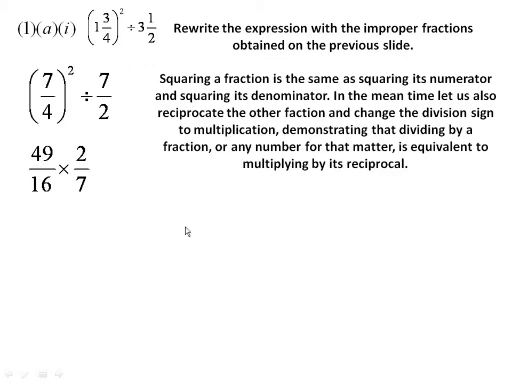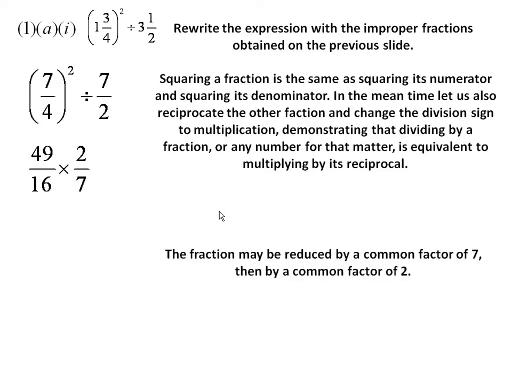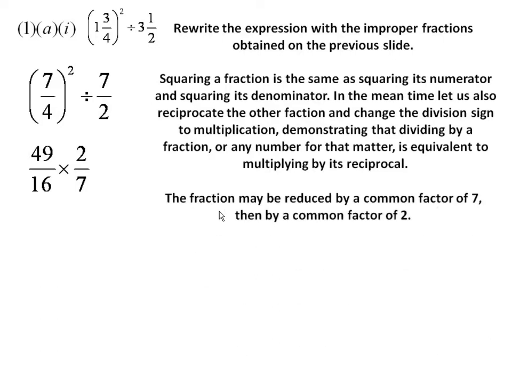And we see common factors, so we will reduce the fraction by common factors. So the fraction may be reduced by a common factor of 7, then by a common factor of 2. We have 7 into 7 is 1, and 7 into 49 is 7.